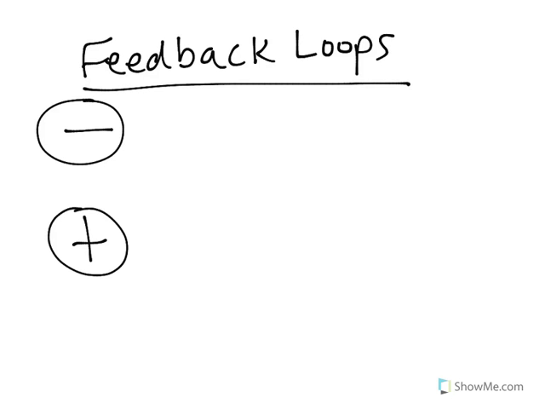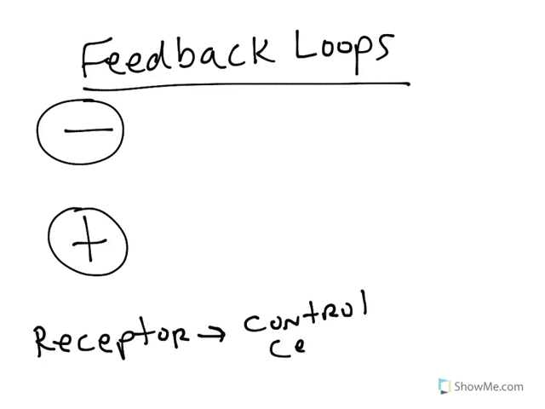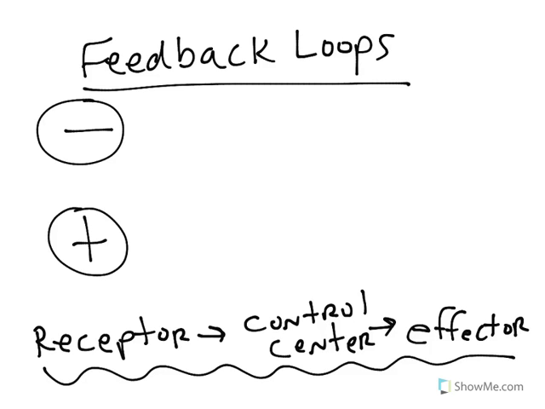They use receptors and effectors. So step by step, a receptor communicates with the control center, which then makes a decision and causes some sort of change through an effector. This is the way it all flows.